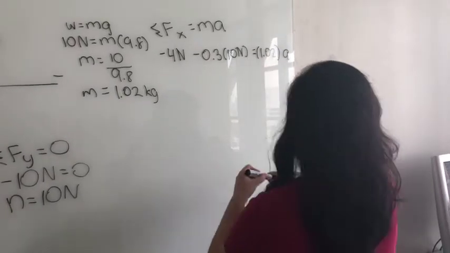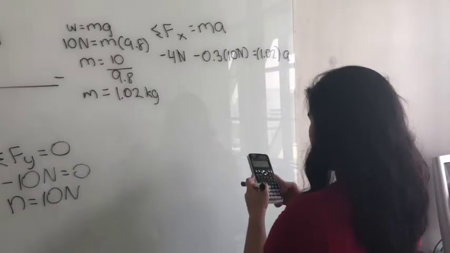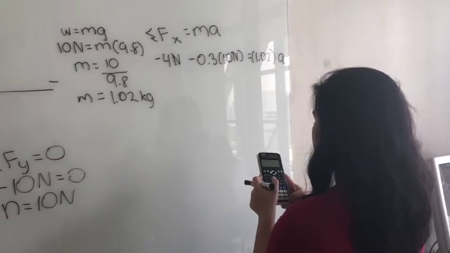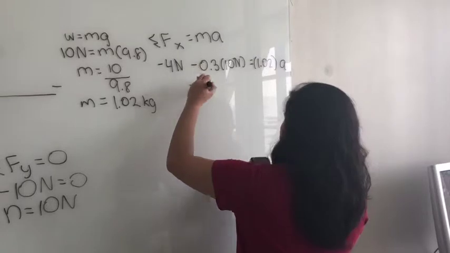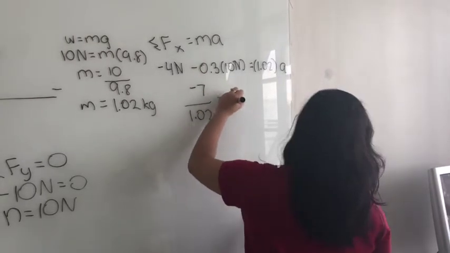Solving this, we would have negative 4 minus 0.3 times 10, which is negative 7, divided by 1.02 is equal to a.